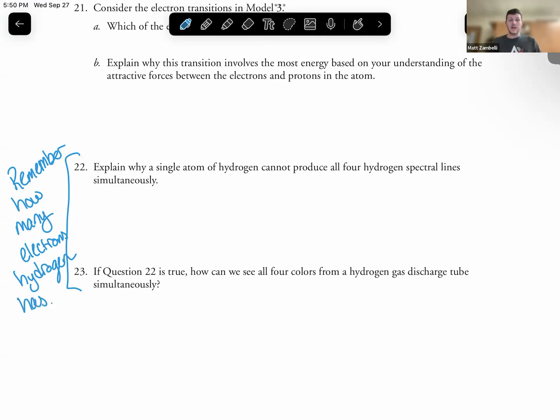If we don't remember, we can always look it up on the internet, or you can ask a neighbor, ask a partner, right? But remember, hydrogen is our first element on the periodic table, so we should be able to tell me how many protons it has. And if you can tell me how many protons it has, remember the protons are the same as the electrons. So once you make that decision, you can answer questions 22 and 23 on your POGIL.